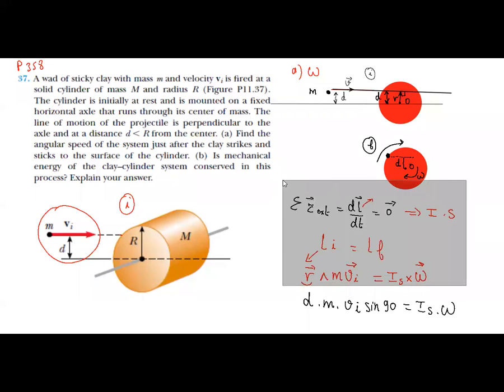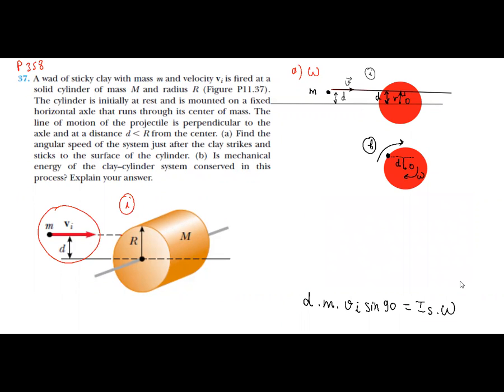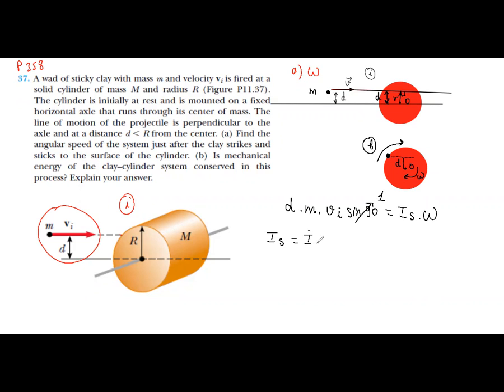Here sine 90 equals 1. What about I of the system? I of the system equals I of the mass m after the collision plus I of the cylinder.